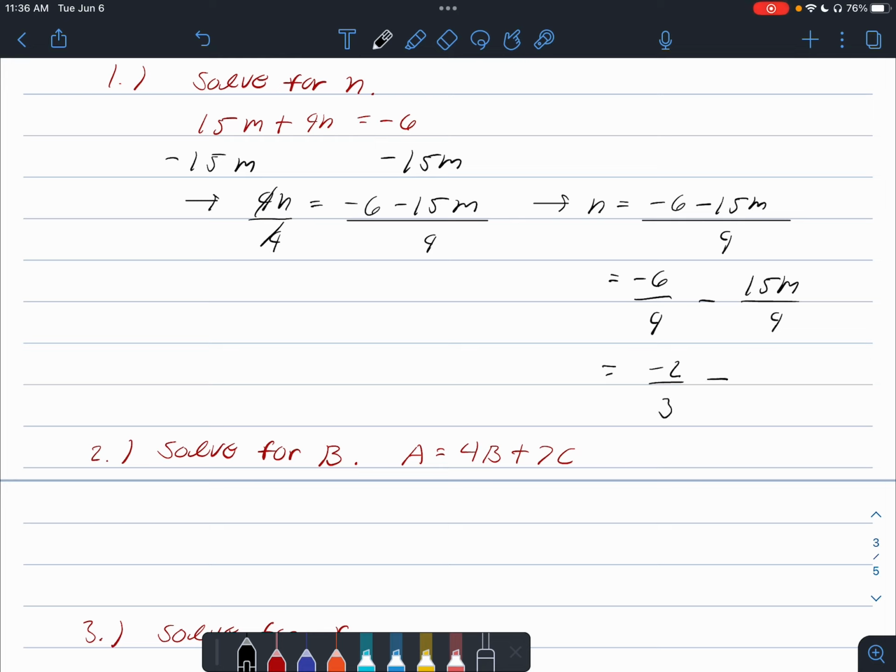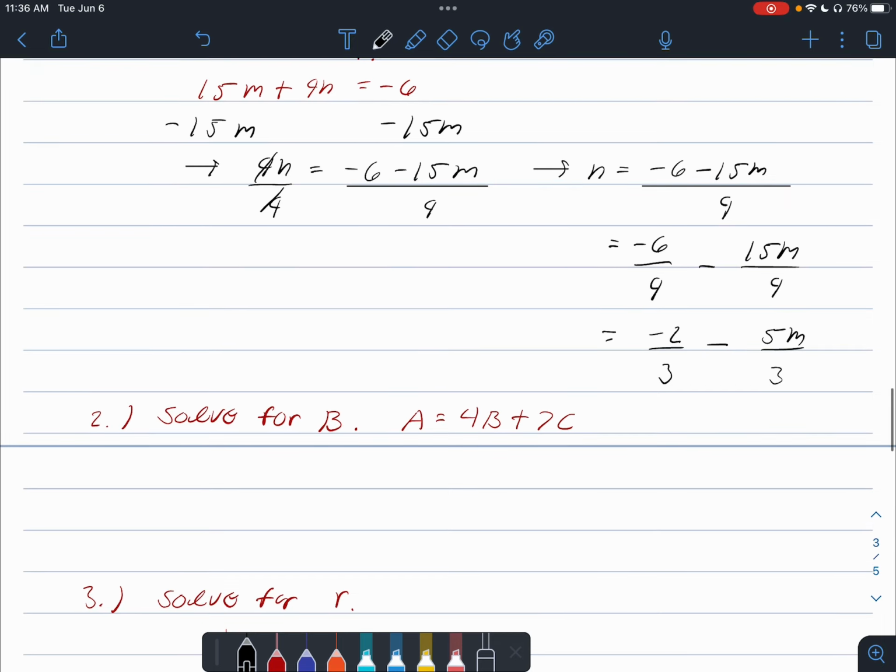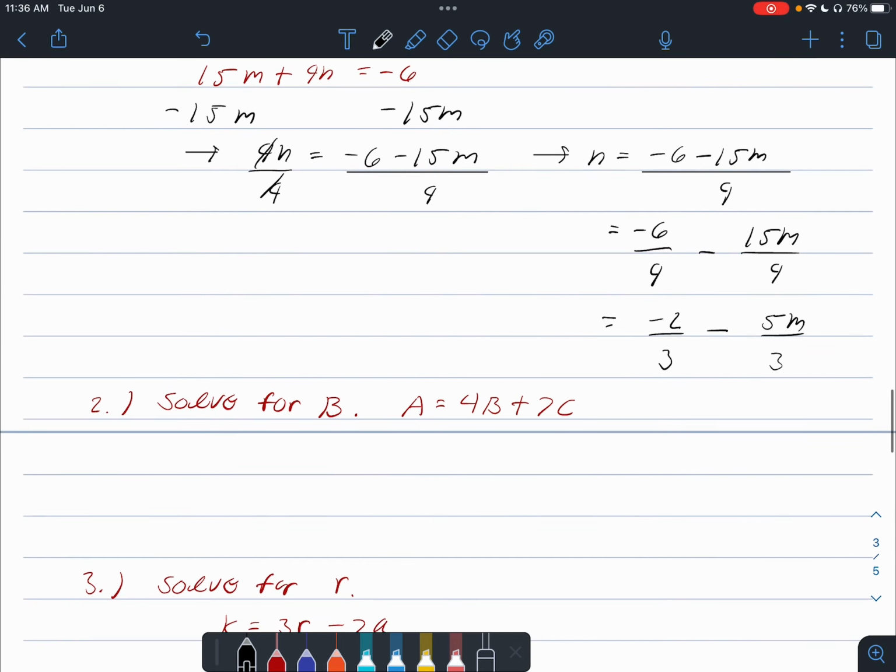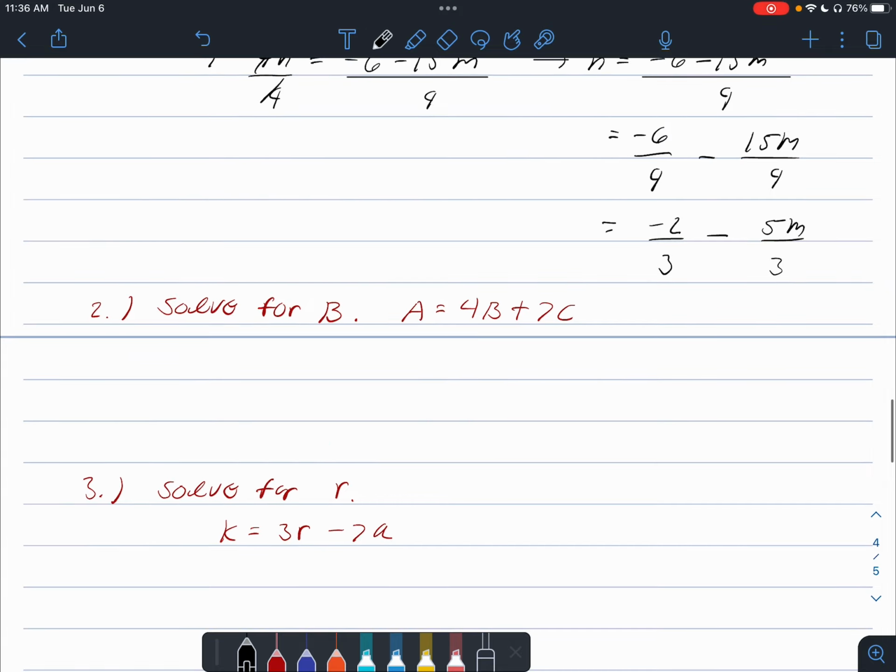And then we're going to have 15m over 9. This is going to be the same thing as 5m over 3, because we can divide both 15 and 9 by 3. So if we want to, we can combine this back into one fraction if we like, and write it as -2 minus 5m over 3, or we can leave it as two separate fractions. Either way is fine.